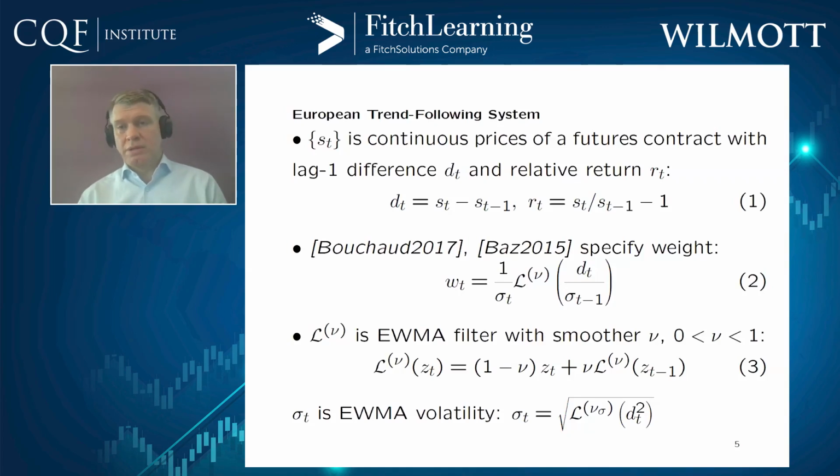Usually they're filtered using the classic exponentially weighted moving average, which can be represented as an infinite recursion of infinite order. The weight is given by equation 2, which tells you we have a series of volatility normalized returns, we smooth it out, and we normalize by volatility. That's it. It's very simple.